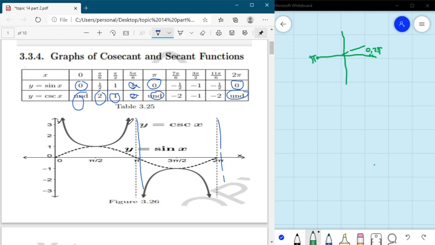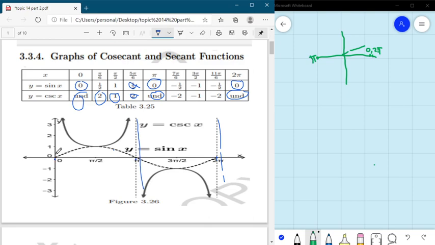At each x-intercept of y equals sine of x, the cosecant is undefined. Notice that these are the x-intercepts, so that is why the cosecant is undefined there.